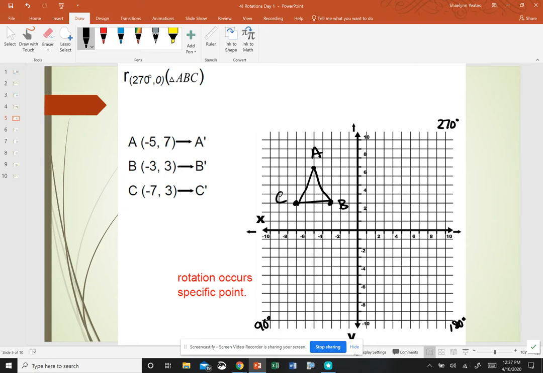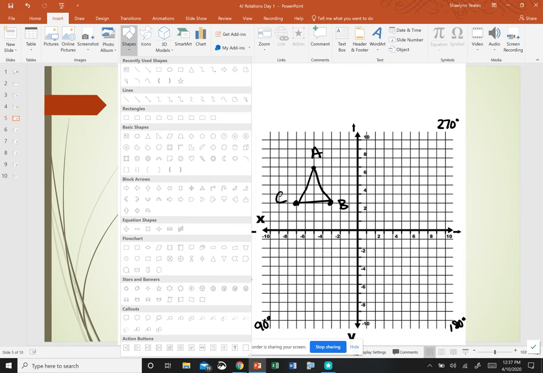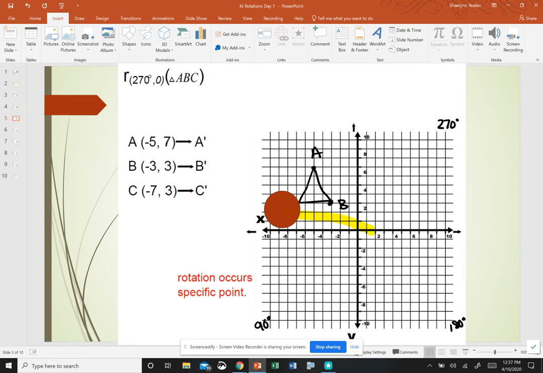So if we rotate it all the way around here, I don't think I have a circle. Oh, there we go.